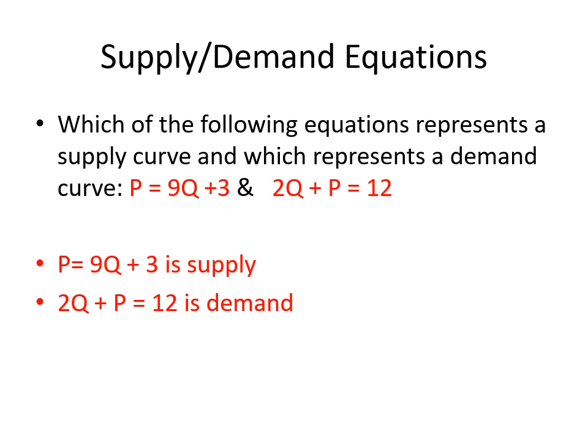So the first function listed, P equals 9Q plus 3, is the inverse supply curve. If we solve for Q, that's the standard supply curve, or demand curve as it goes. You can change the demand curve to P equals 12 minus 2Q, and you have the inverse demand curve as well. You can see that relationship between price going up and quantity going down a little bit easier.